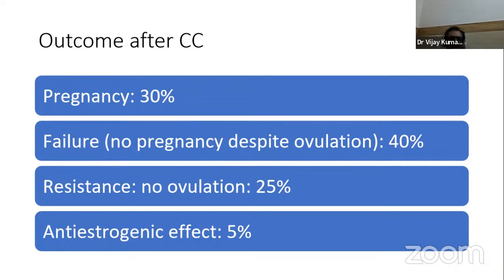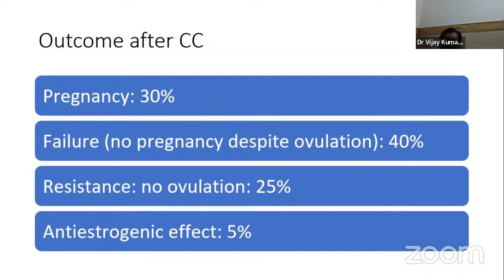So, what are the chances of conception with clomiphene citrate? It is about 30%. And what is the failure rate? It is about 40%. A 40% failure rate is considered when she is having successful ovulation, but there is no pregnancy. Suppose she is not ovulating in spite of CC, we call it CC resistant.